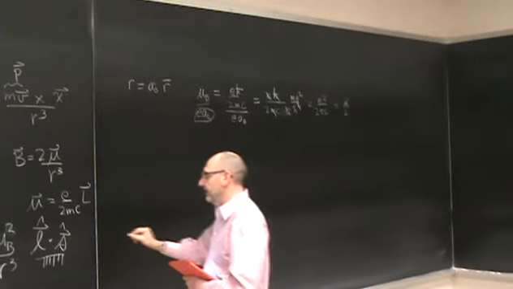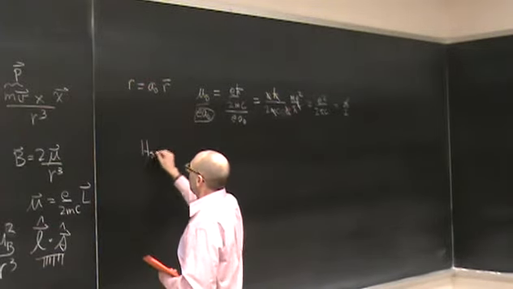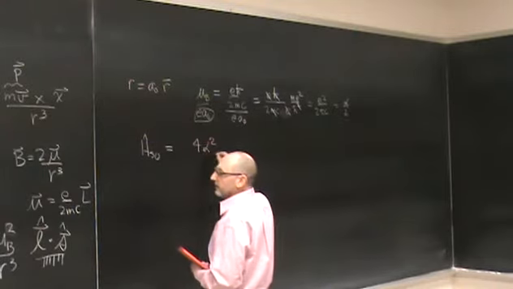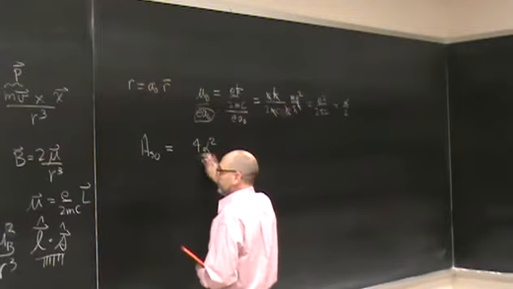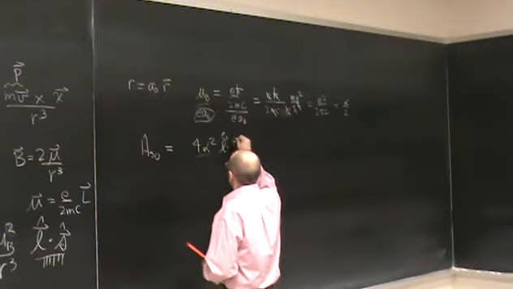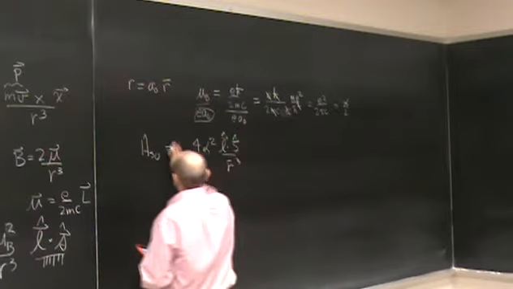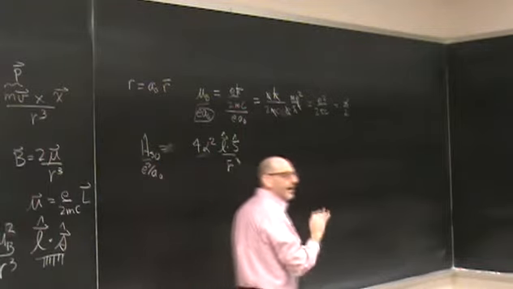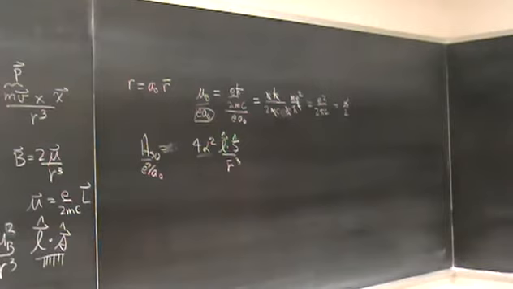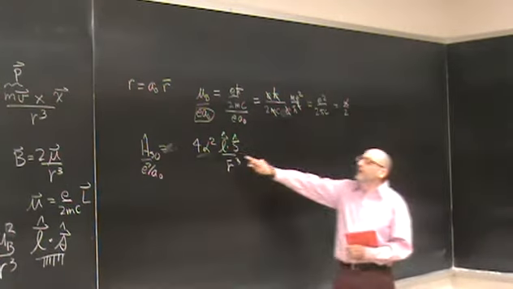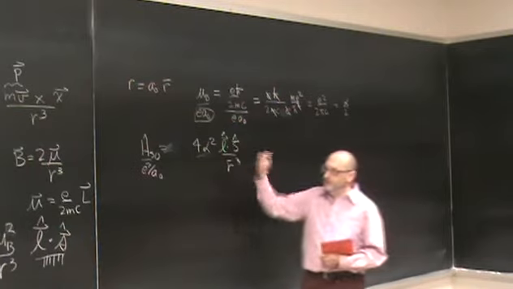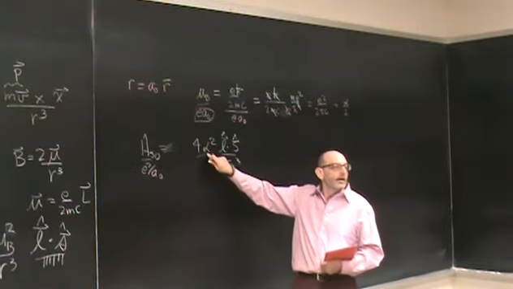So what we have is that in dimensionless units, the spin-orbit interaction is 4 alpha squared times L dot S over r cubed. This is in units of the Hartree. From now on, I'm going to write this all in atomic units. So this interaction energy is reduced compared to the binding energy by alpha squared.